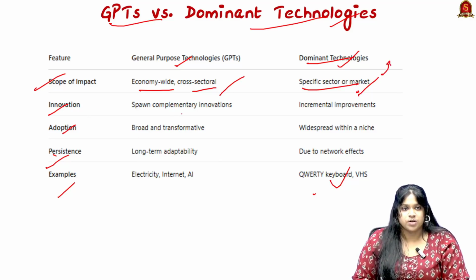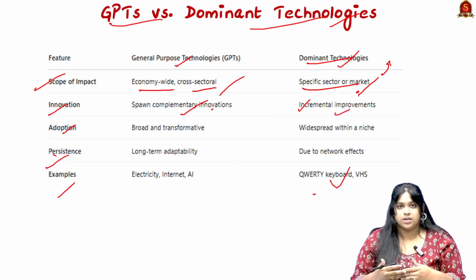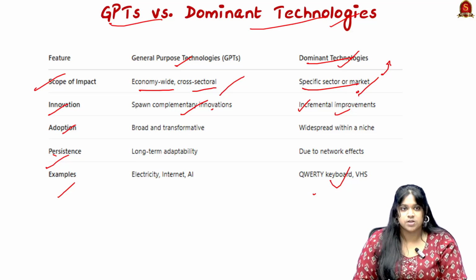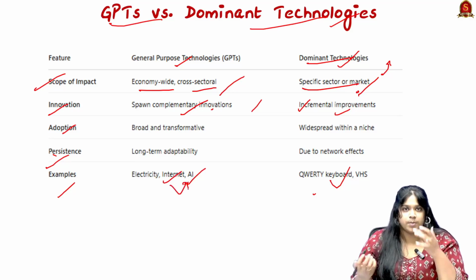When it comes to innovation, GPTs include complementary innovations across different sectors, whereas dominant technologies need incremental improvements. For example, with the internet or AI, certain things are complementary and can have innovations.